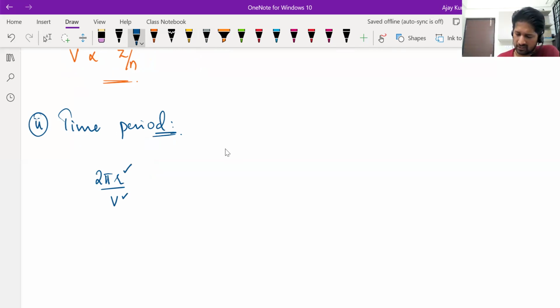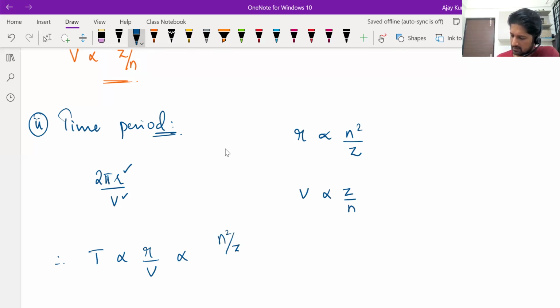But if you just want to know what it is proportional to, radius is n square h square by 4 pi square mkZe square. Radius is proportional to n square by Z. And speed we just saw is proportional to Z divided by n. Therefore, time period, which is proportional to r by v, will be proportional to n square by Z divided by Z by n. n goes to numerator, Z and Z get multiplied, n cube divided by Z square.